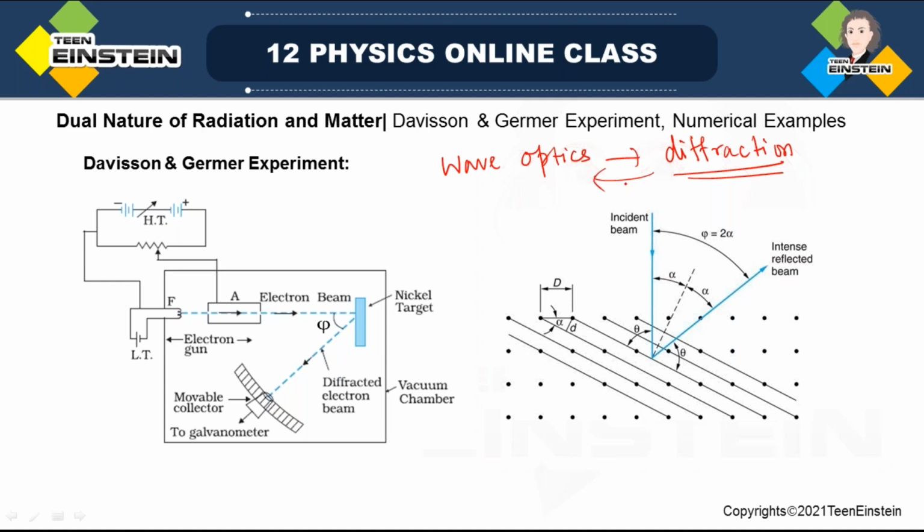So if some entity is actually showing diffraction, like, I'm telling that electron is a material particle, proton is a material particle, neutron is a material particle, even I can take alpha particle, beta particle, whatever. So these are material particles. That means they have finite momentum. Particle nature is characterized by momentum, and wave nature is characterized by wavelength. So these are physical entities or particles which have momentum.